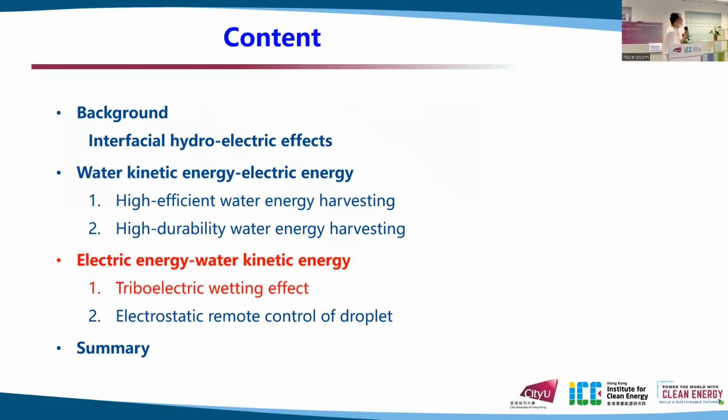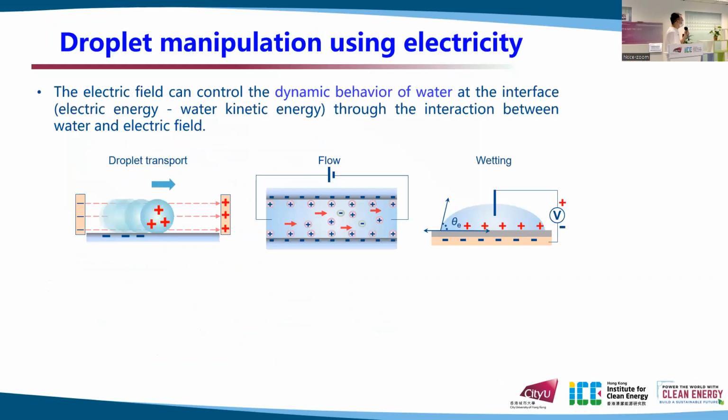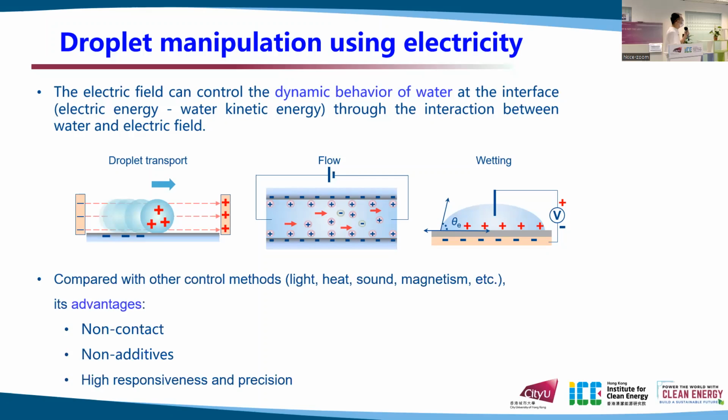Moving on from the conversion from water kinetic energy to electric energy, we continue studying the conversion from electric energy to water kinetic energy. Electrically controlled droplet motion has many advantages, such as being non-contact, non-diffusive, and having high responsiveness and high precision.